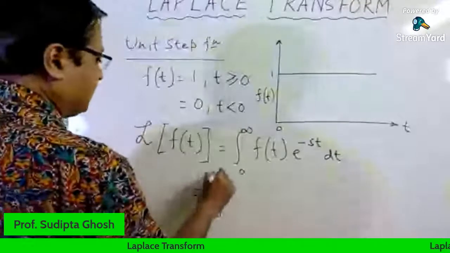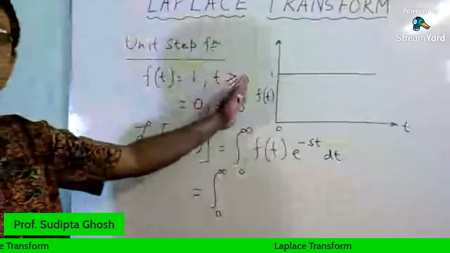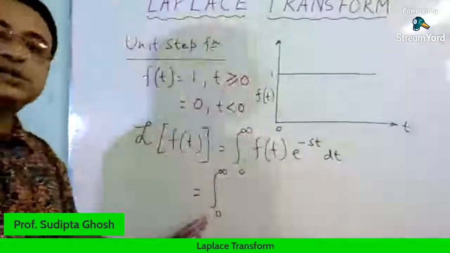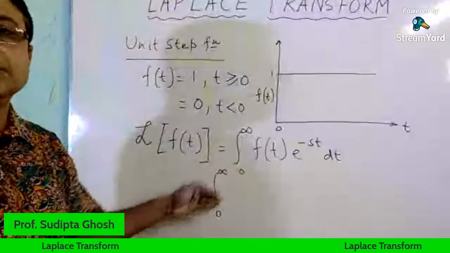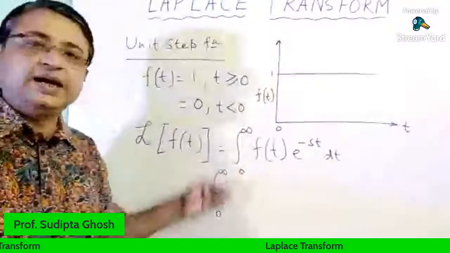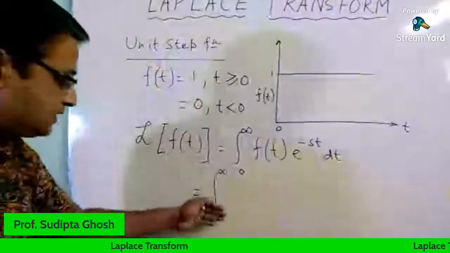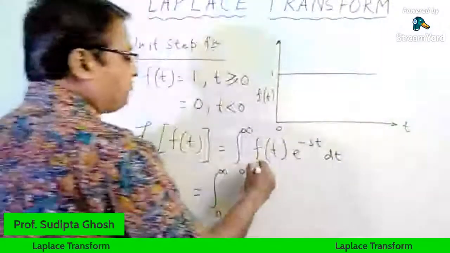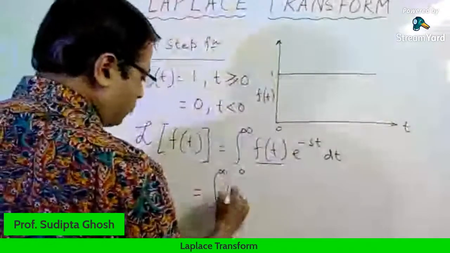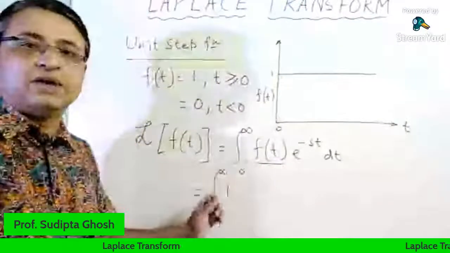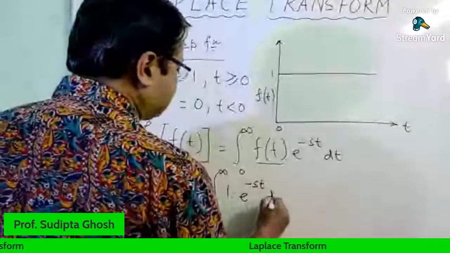Now putting in the value of f of t: my limit of integration is from 0 to infinity, which is the range where time t is greater than or equal to 0. In this region, for the unit step function, the value of f of t is 1. So I am putting the value 1 here, and then e to the power minus st dt.